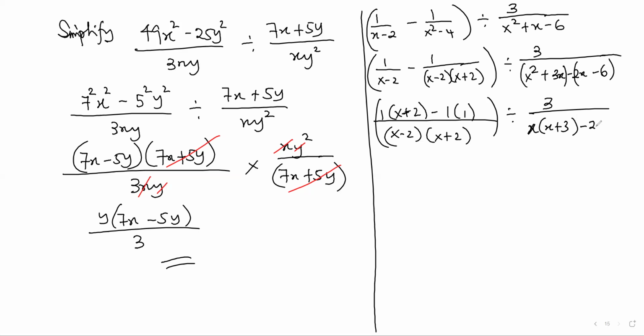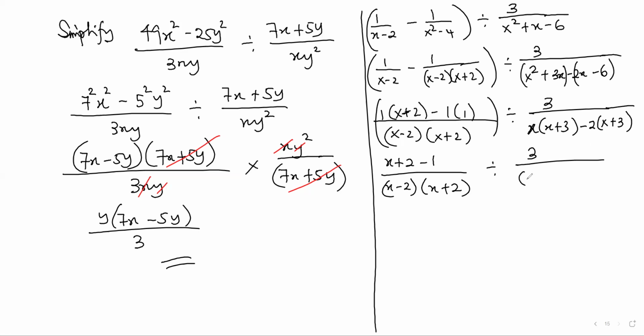And what's common is minus 2, we are left with x plus 3. So for the numerator here, we have 1 times (x plus 2), which is x plus 2, negative 1 times 1, which is negative 1, divided by (x minus 2)(x plus 2), divided by 3.